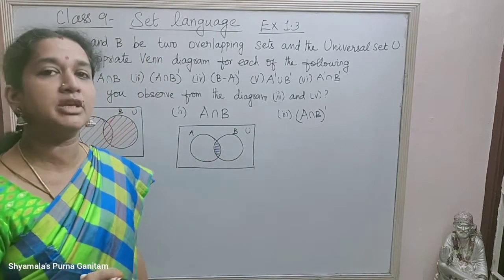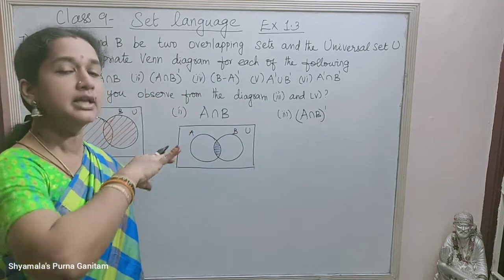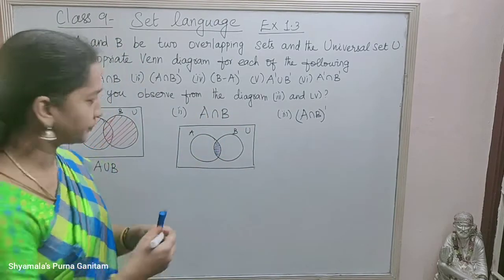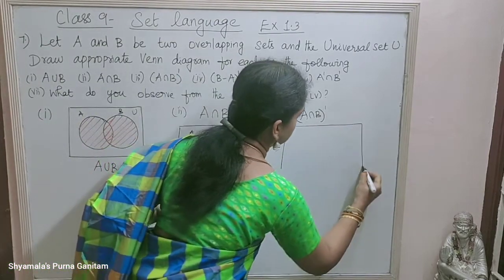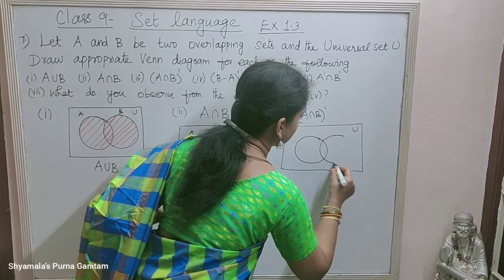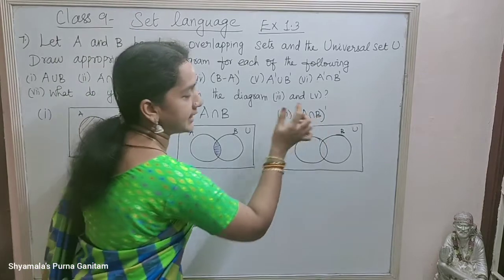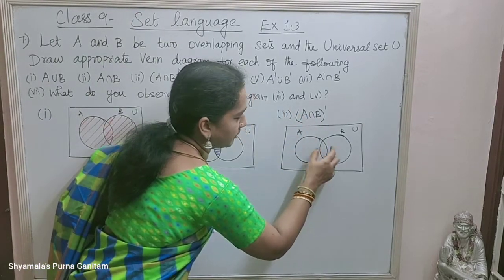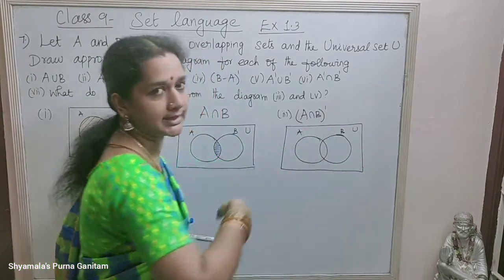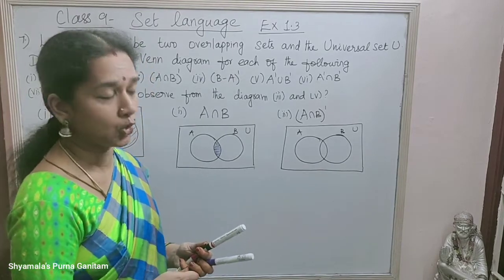A intersection B the whole dash means we should not take that A intersection B, only the remaining elements from the universal set and also from A and B. So this one is universal set, set A and set B. Here A intersection B is only this part, the common part between sets A and B. The remaining elements from the universal set we also take. So that is A intersection B the whole dash.